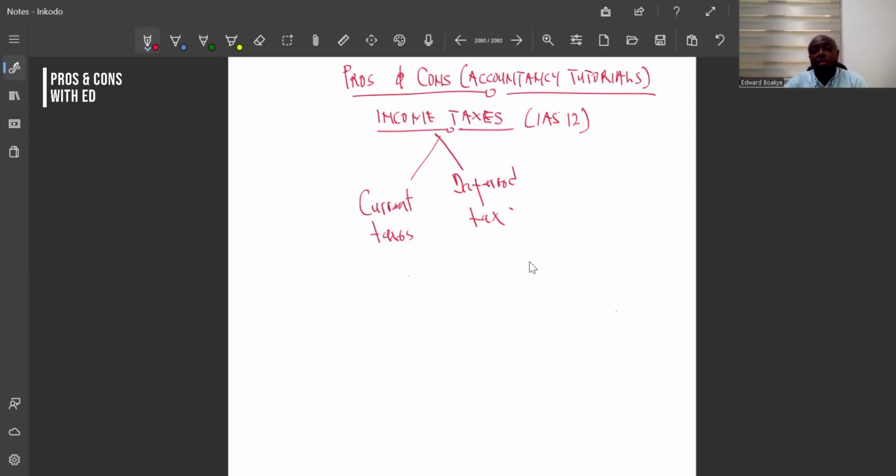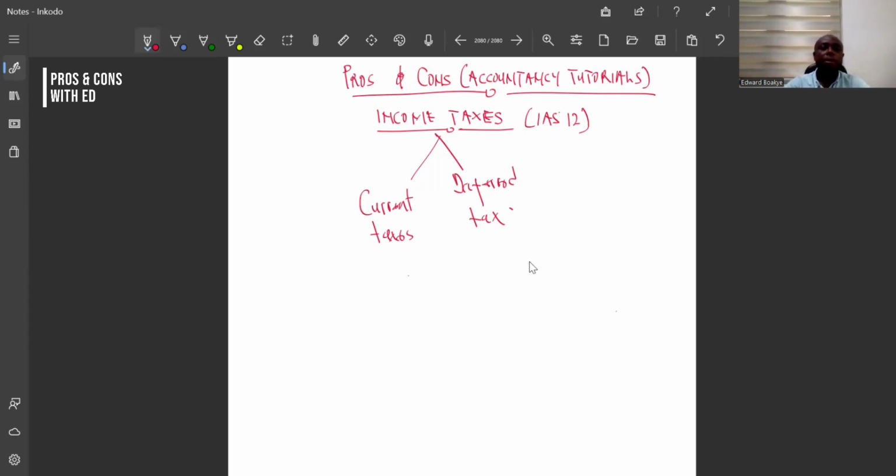So deferred taxes are taxes that are levied on a temporary difference. Don't get it twisted. We will get to know the things that we need to know when we talk about our deferred tax. So one aspect of it is the temporary difference.